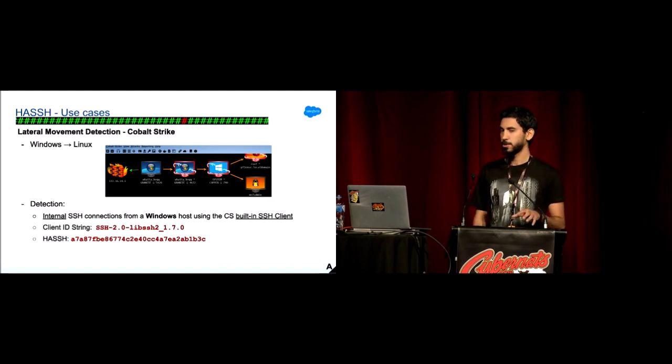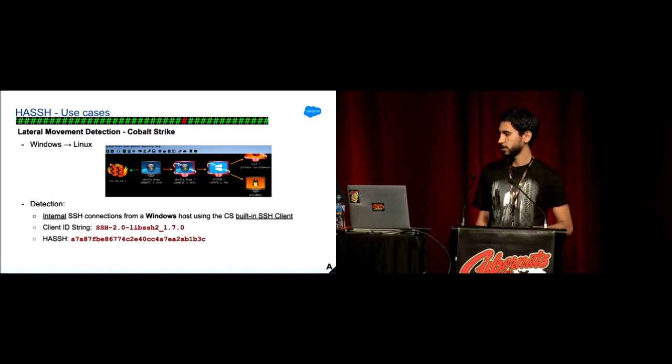But if you limit your search to Windows sources, to Linux destinations, and just look for internal SSH connections, so we don't care about outbound SSH, just from Windows to Linux systems, that generates like no false positives. And you can easily detect attackers laterally moving through your network using this Cobalt Strike module.